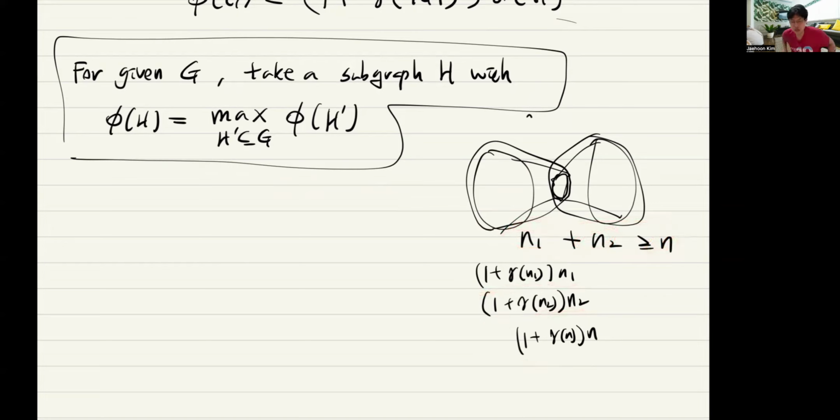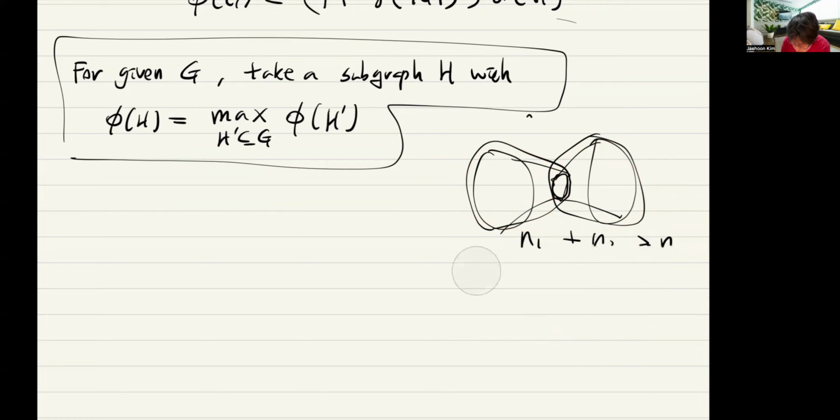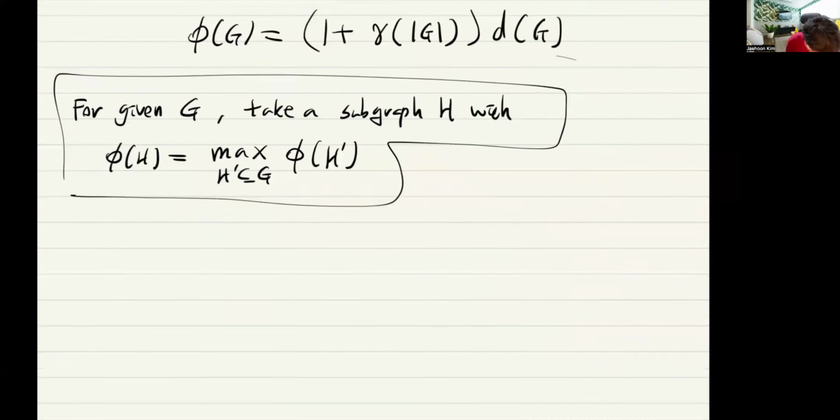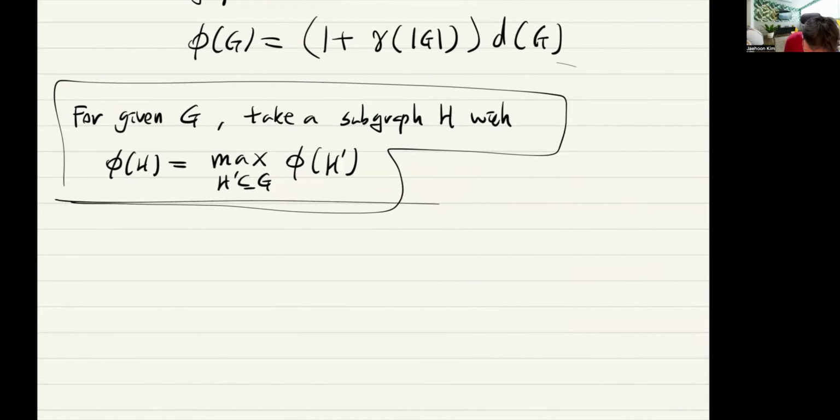It's slightly decreasing, so you will see that this and this, even if the intersection is small, then these two terms and this one might be bigger or equal. So I wanted to give you some intuition, but it might be better to just see what's happening. So let's take such a subgraph H.